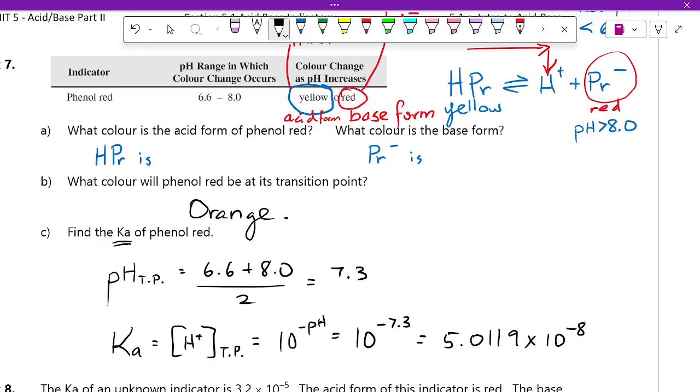How many sig figs should we have in our answer? Remember, in pH, in any p-value, only digits after the decimal are significant.